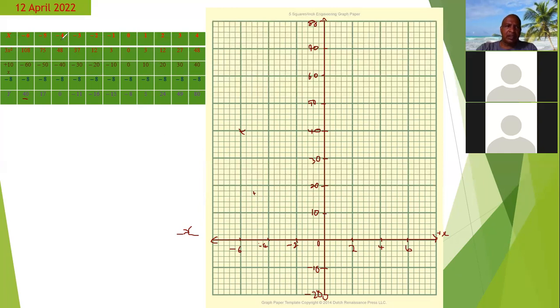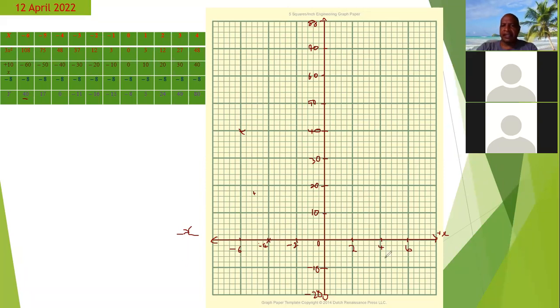Now, the next one we want is x equal to negative 4 and y equal to 0. So that would be right on the x-axis. Negative 4 and 0 would be right here, right on the x-axis.